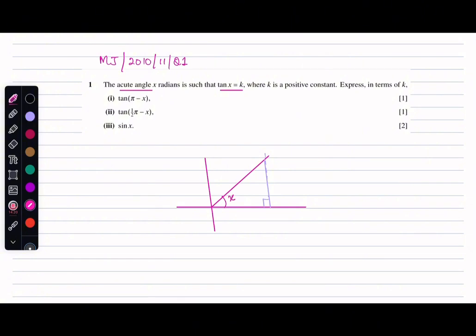Now the question has given us tan of x, which is equal to k. We know tan of x is basically opposite over adjacent. So my opposite in this case is k and my adjacent is 1, since tan of x equals k. So the base is 1 and my perpendicular is going to be k.